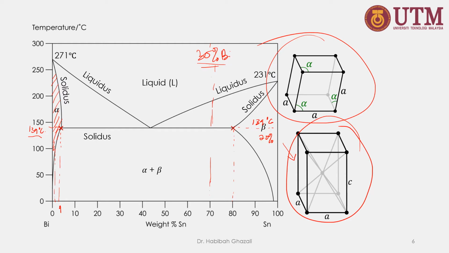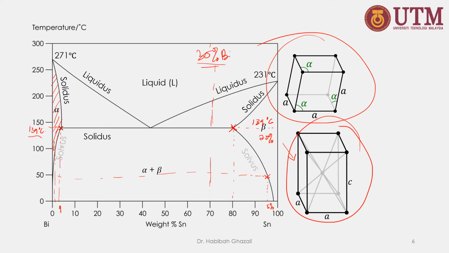What I want to show you is that this here is the maximum amount of bismuth that can reside in the crystal structure of tin. And as the temperature drops, let's say to 50 degrees Celsius, that solubility limit drops. It drops to around maybe 5%. So only 5% of bismuth can reside in the crystal structure of tin.